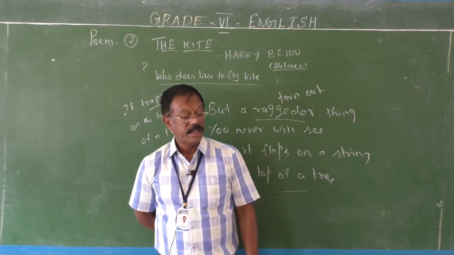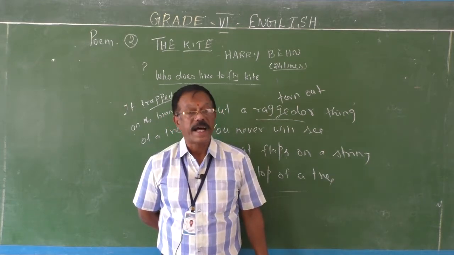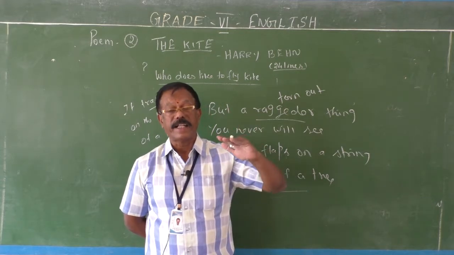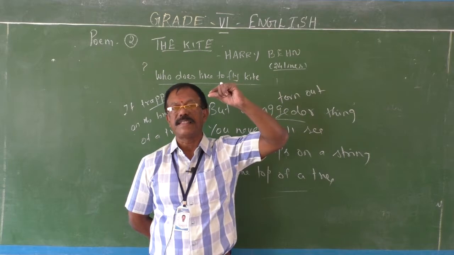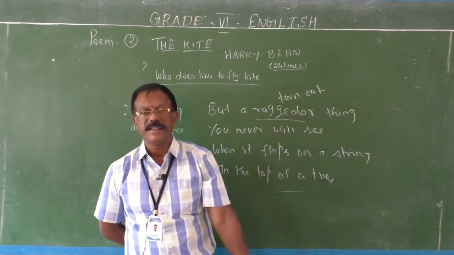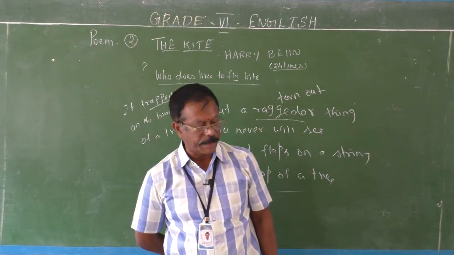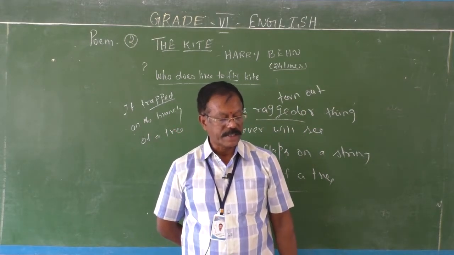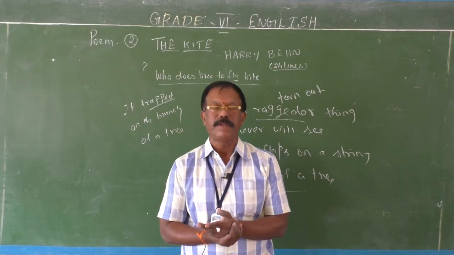At the last, what the poet says, the height and the fate of the kite is decided by the wind. See, the fate of the movement of the kite depends upon the wind. So as a result, the kite will get torn, because it is made of paper only.